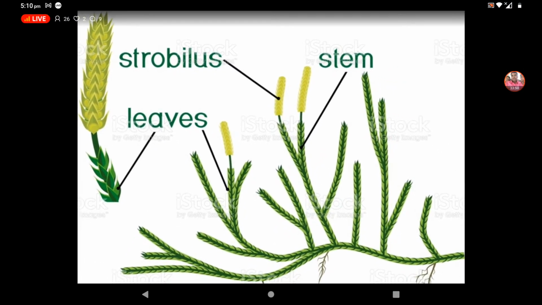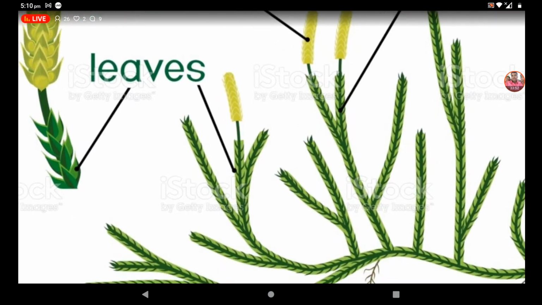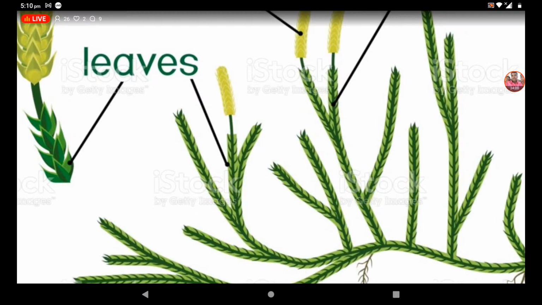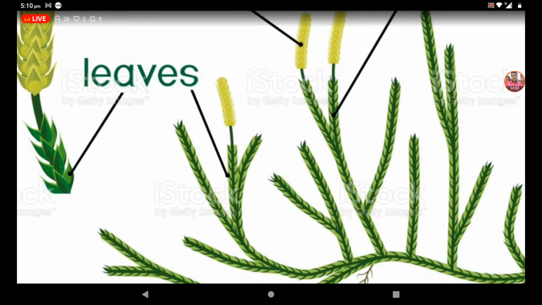Fine. Leaves are called microphylls and macrophylls. If small, microphyll; if large, macrophyll. Microphylls are seen only in Lycopodium, Selaginella, like these examples, and macrophylls, which are large leaves, are found in ferns.